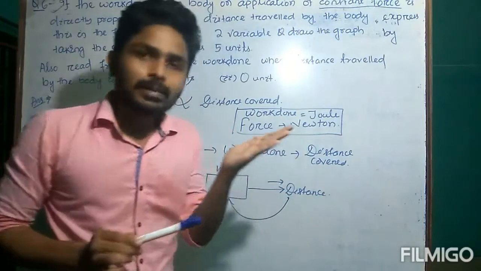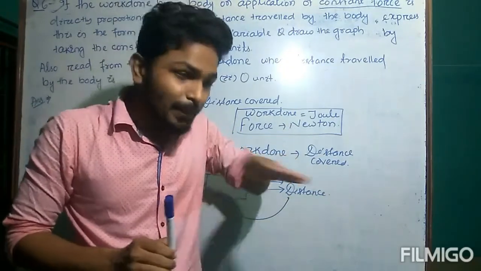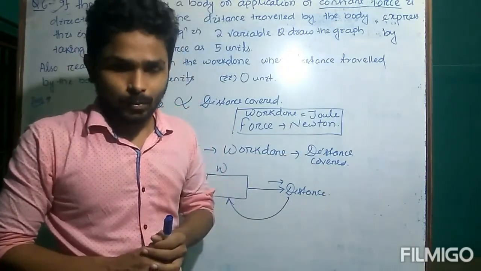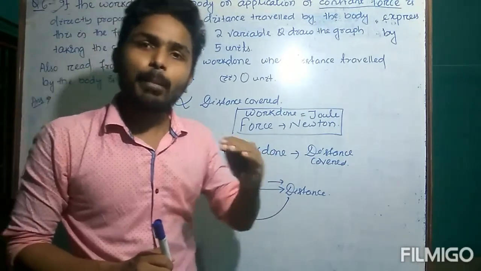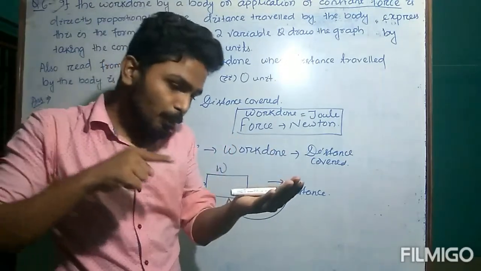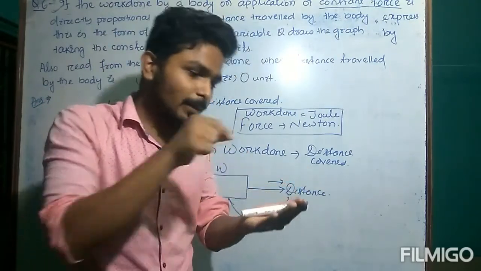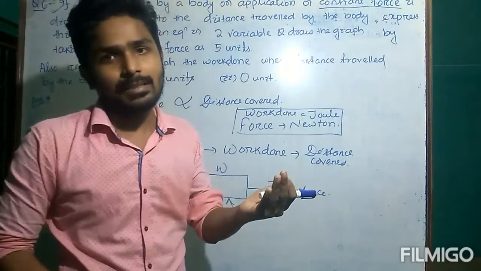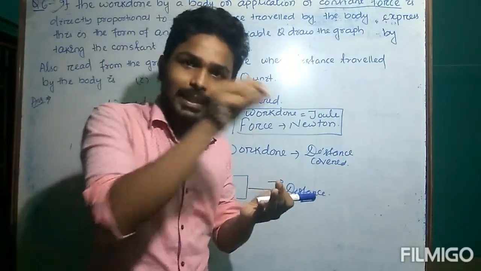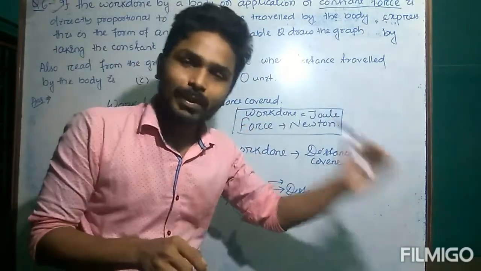But if the surface is very smooth, a very slippery surface, suppose made of marble, and you push the body with 9 Newton force, then more work is done by the body and it will cover much more distance. So as the work done increases, the distance covered also increases.